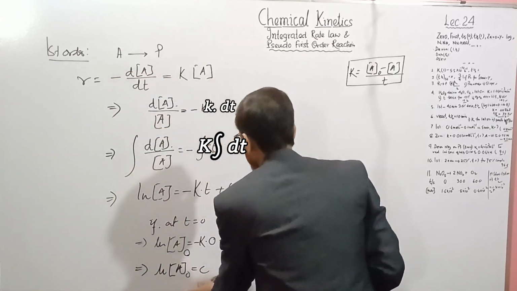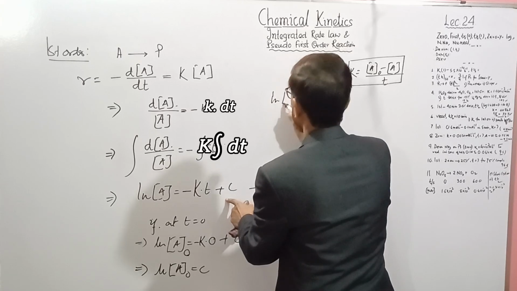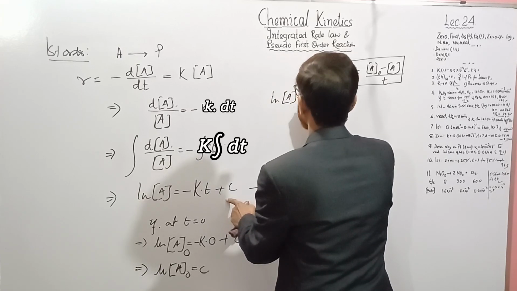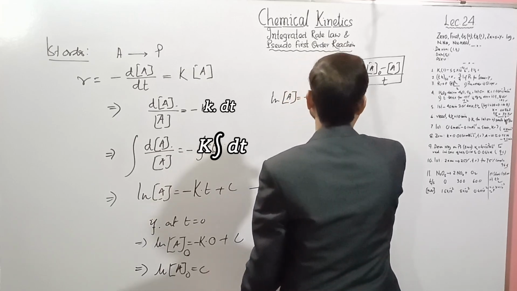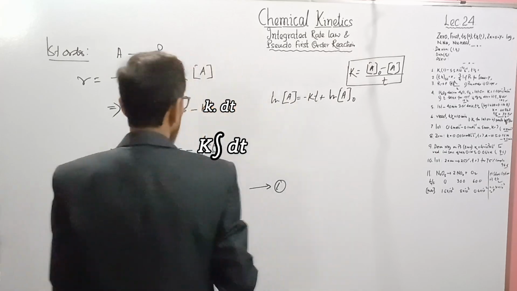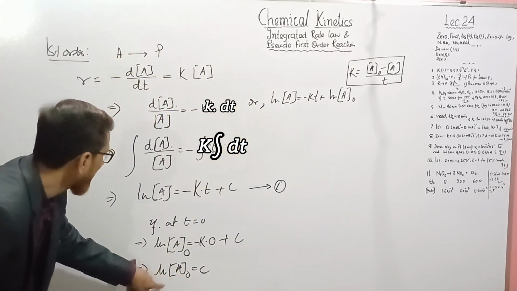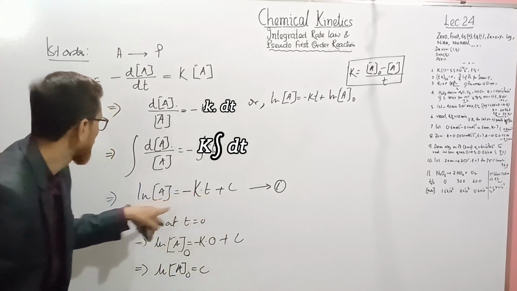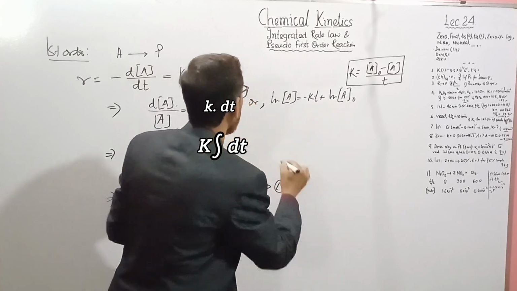Now putting this value here, we get C is equal to ln A naught. We are putting this value here. So ln A is equal to minus kt plus C, which is ln A naught.